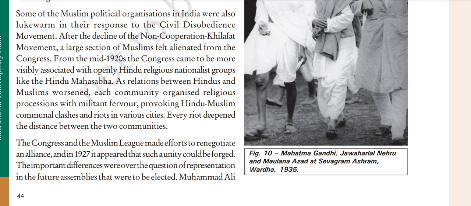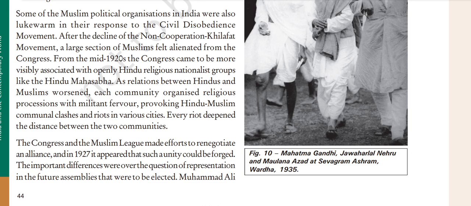As relations between Hindus and Muslims worsened, each community organized religious processions with militant fervor, provoking Hindu-Muslim communal clashes and riots in various cities. Every riot deepened the distance between the two communities.